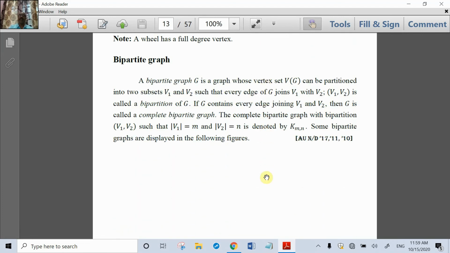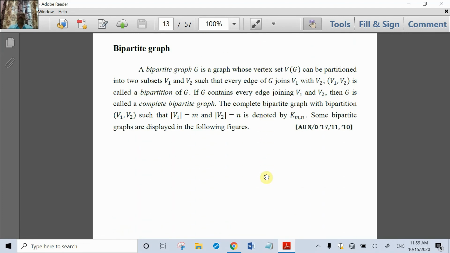Now, bipartite graph. A bipartite graph is one whose vertex set is partitioned into two subsets of vertices V1 and V2, such that there is no link between vertices within V1 and no link between vertices within V2.